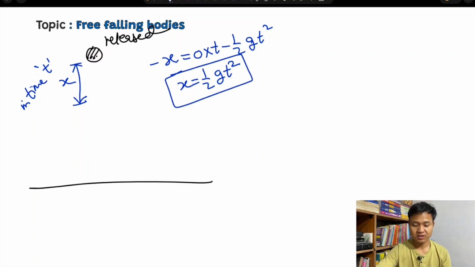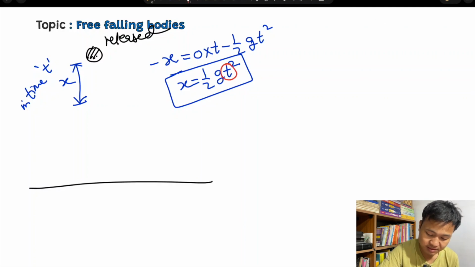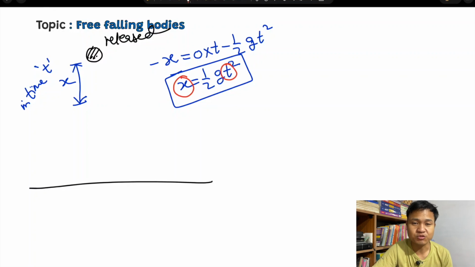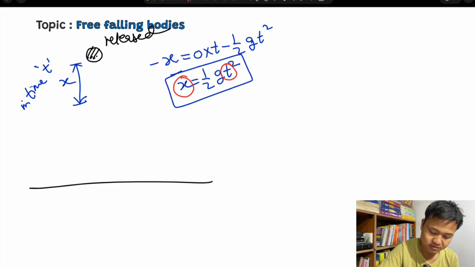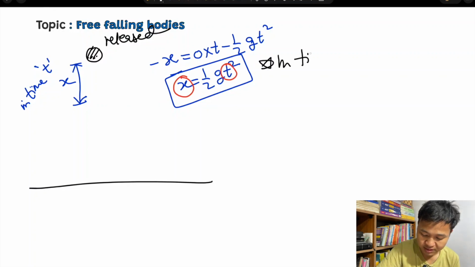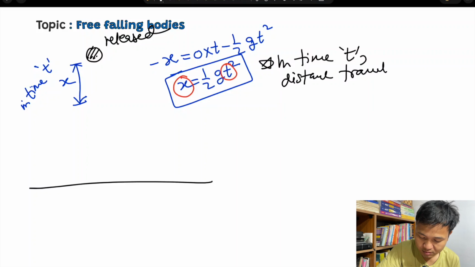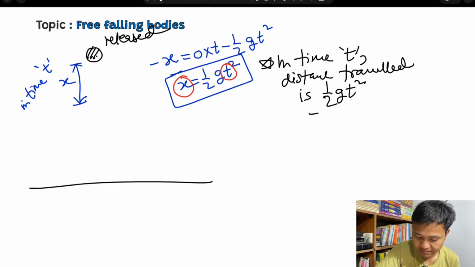So in time t, the distance traveled is half zt square.